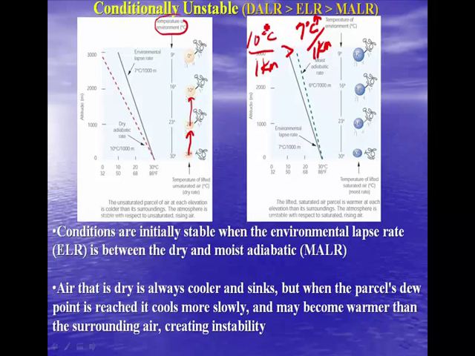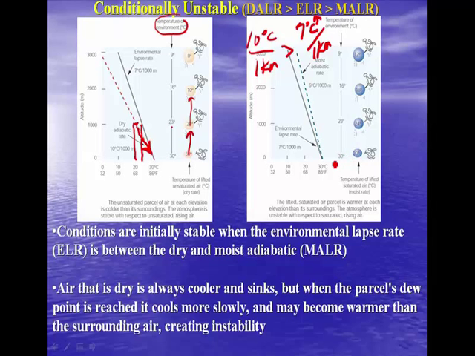And so if the change in temperature of the air parcel is greater than the environmental lapse rate, in other words, if it's cooler, if it goes from 30 to 20 in this example, and if you compare that with the surrounding air, which is at about 20 and 23, then this air parcel is going to want to sink back down toward the surface because it is cooler than the surrounding atmosphere.